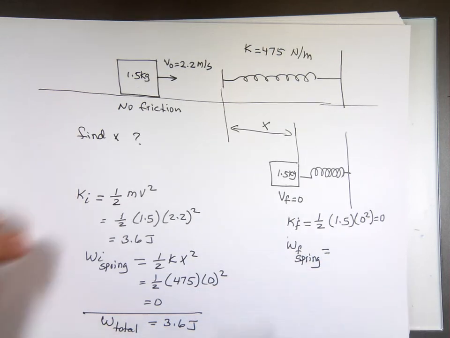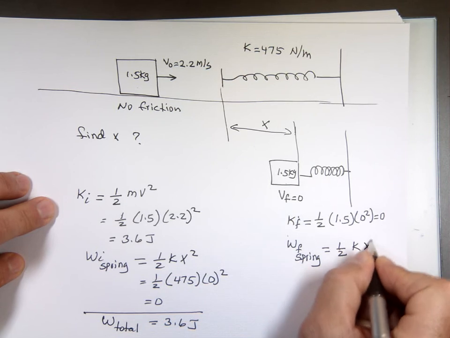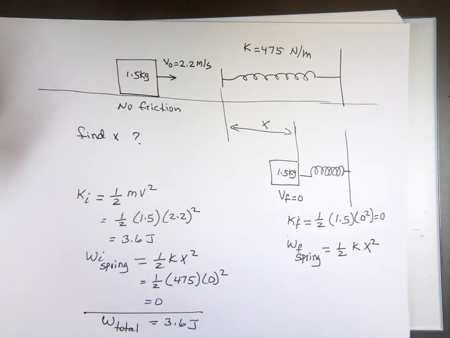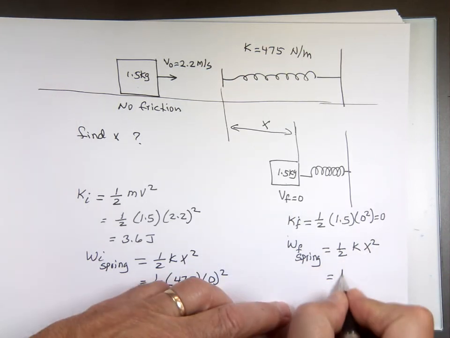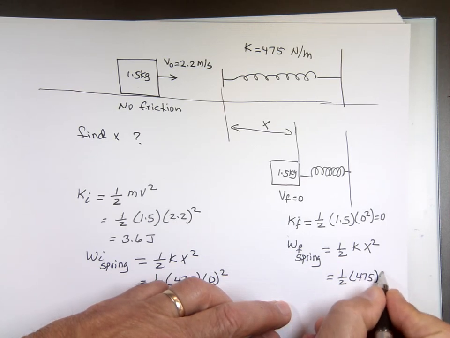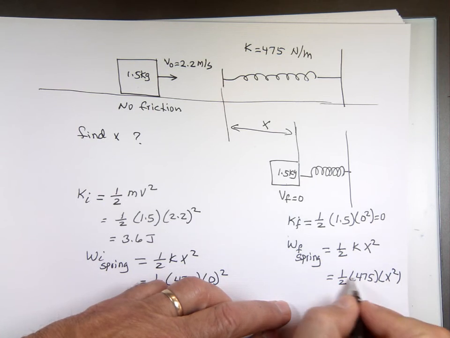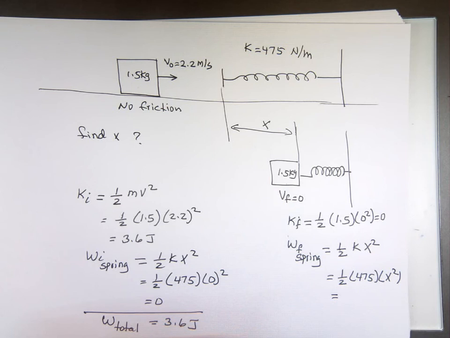We have 1/2 kx squared. 1/2 k is what? 475 divided by 2. What's 475 divided by 2? 237.5.